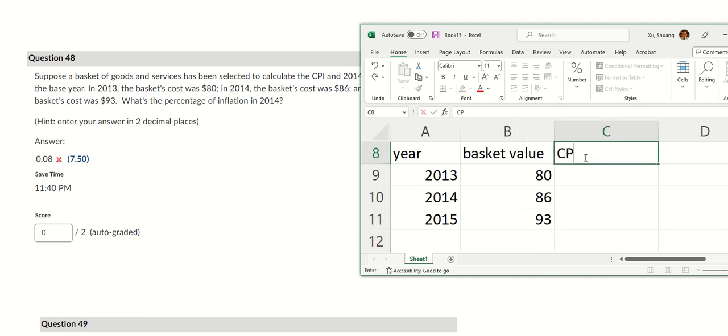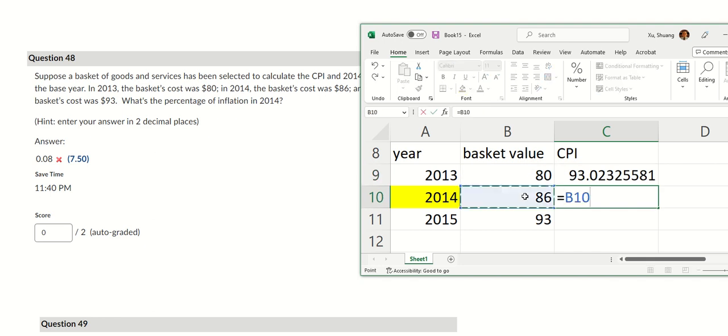All right, so first up, CPI. The base year is 2014. So that's going to be 80 divided by 86 times 100. The next one, 86 over 86 times 100. And the last one is 93 divided by 86 times 100.